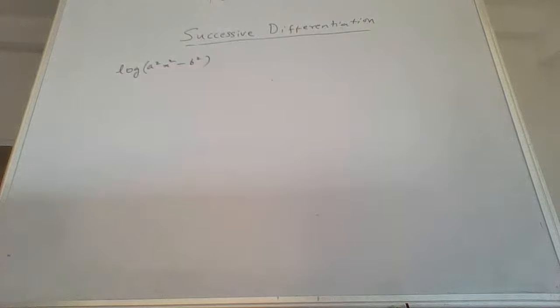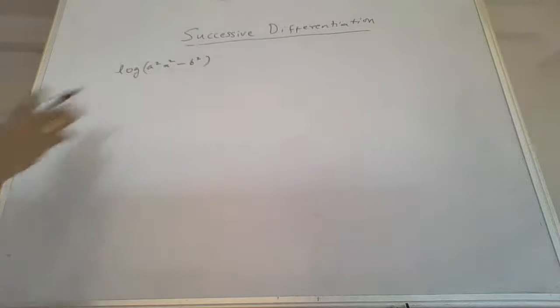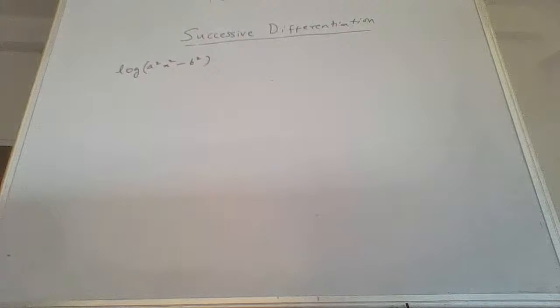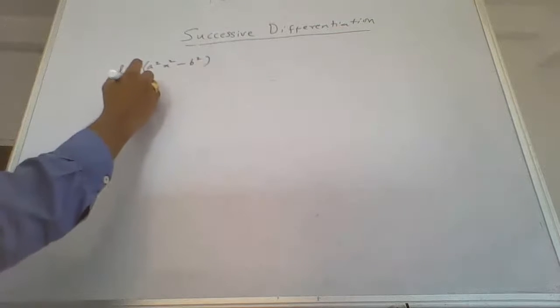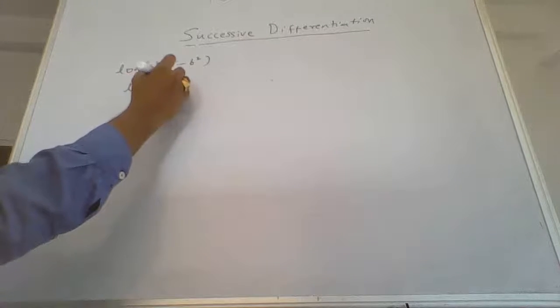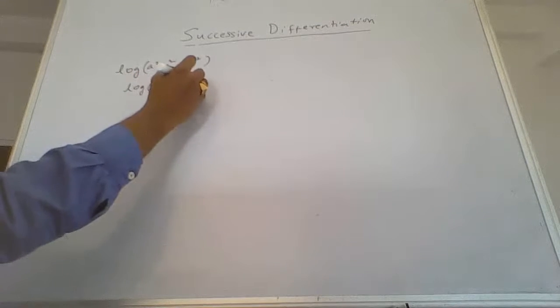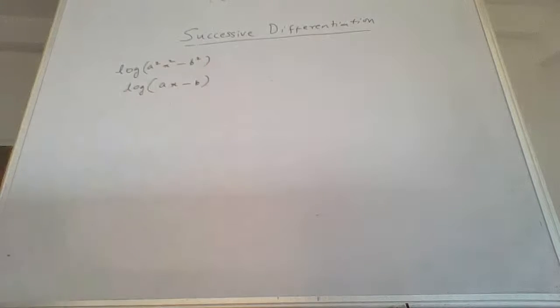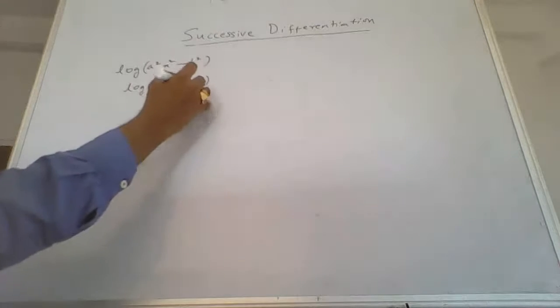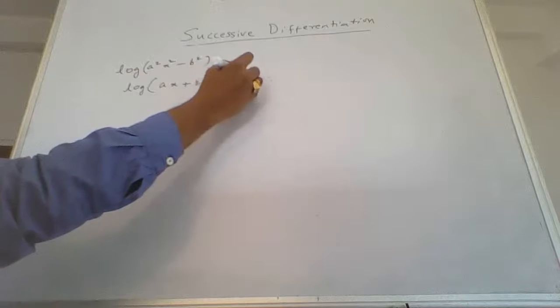Now since this is in the a square minus b square form, I'll put this as log of (ax plus b) and (ax minus b).